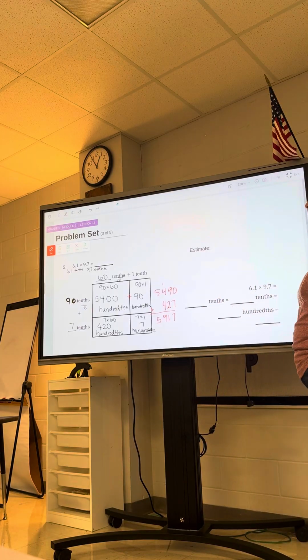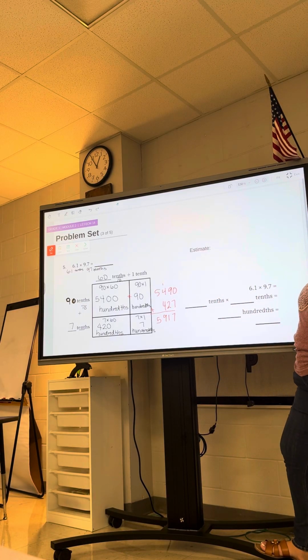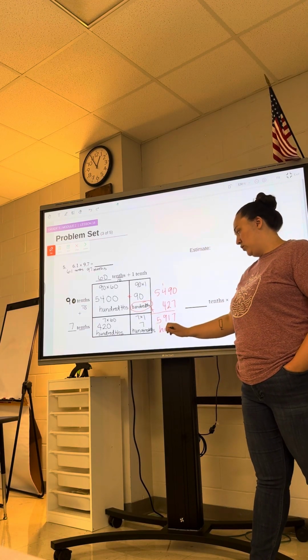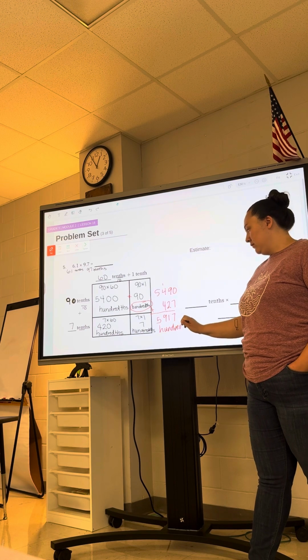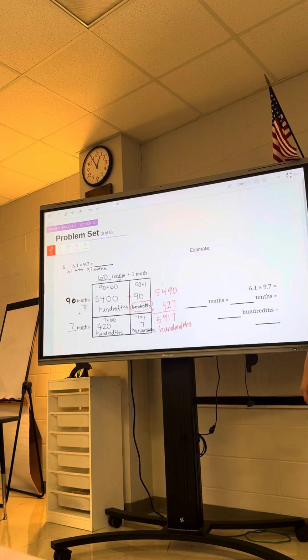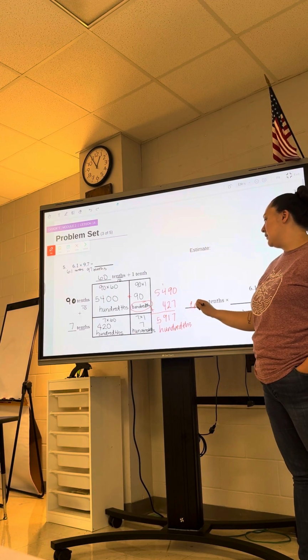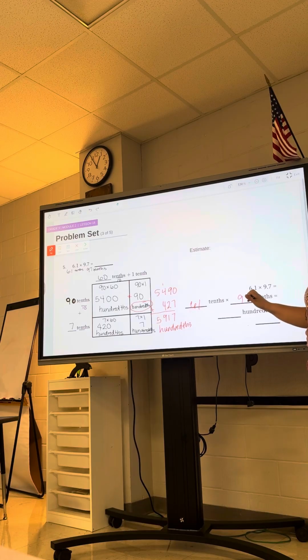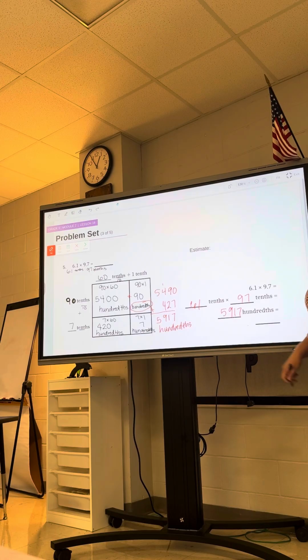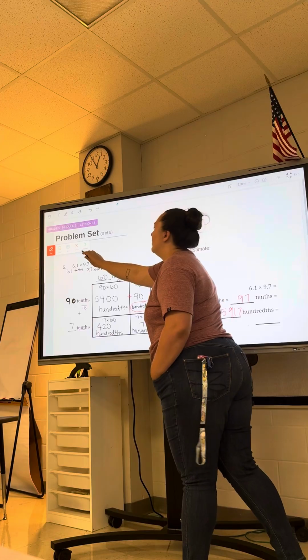So in total, I have 5,917. What has my place value been this whole time? Hundredths. So in these blanks, I have 61 tenths times 97 tenths, which got me a total of 5,917 hundredths.